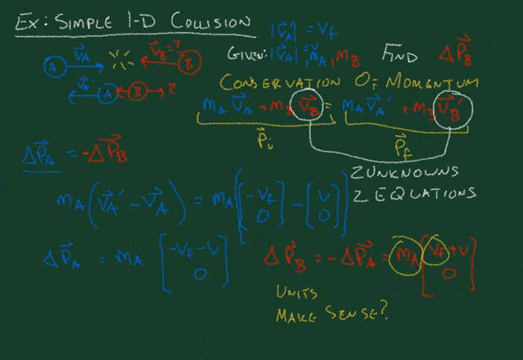So if A's being pushed to the left, then we expect that the change in momentum of B should be to the right. And that's what our answer shows us. Now remember, this doesn't mean that B is moving to the right. For example, B could have had a much bigger momentum than A. So that's just saying that it would lose some of its velocity going to the left because some of its momentum is being shifted to the right. But in this case, our answer definitely makes sense, and so we know that this is the right answer.